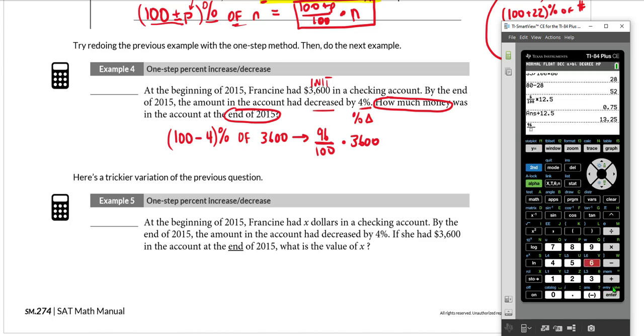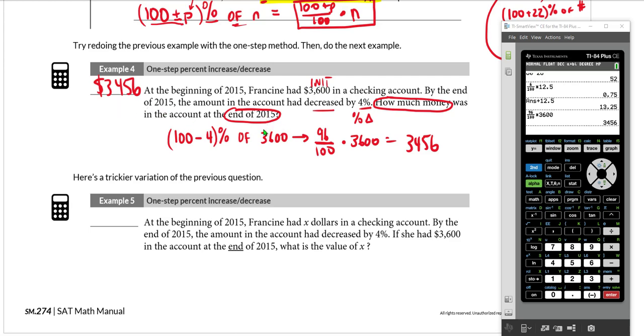I have 96 in the numerator, 100 in the denominator, and I am multiplying by 3,600. Easy peasy. I have $3,456 in the account at the end of 2015.